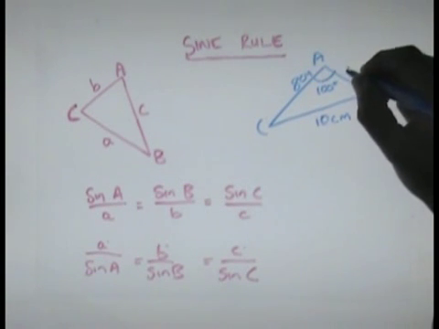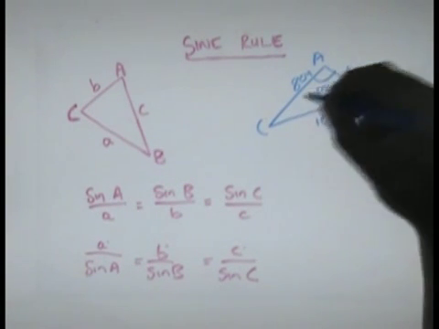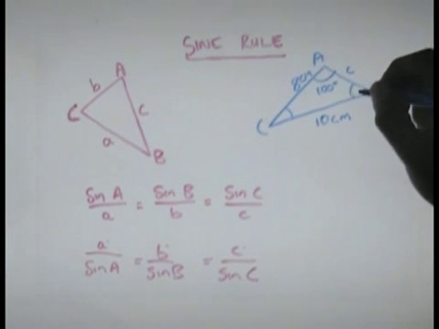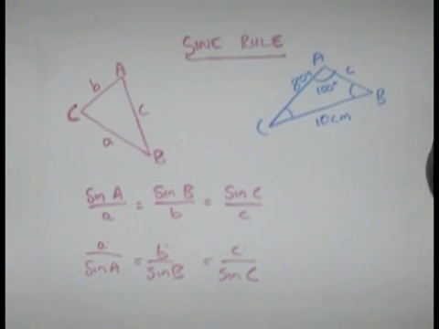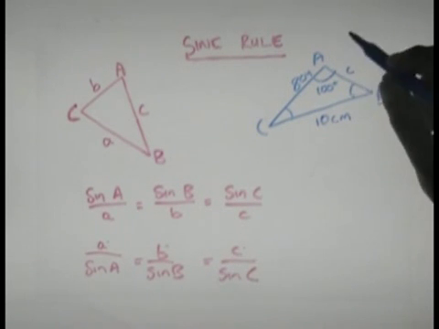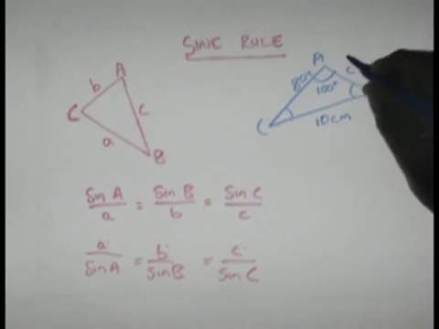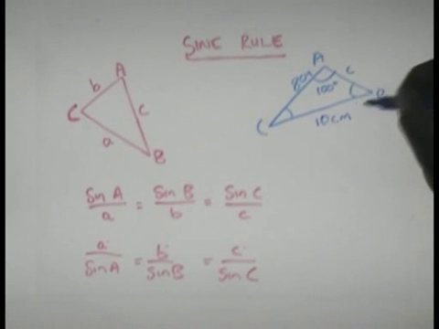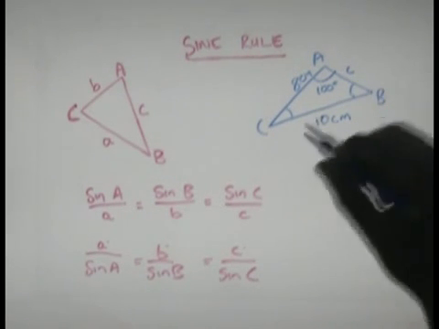I want to calculate side C, angle C, and angle B. To do that, I'm going to start by looking at the information I have. I've got angle A, I've got side A, I've got side B, and I can use that all to calculate angle B.